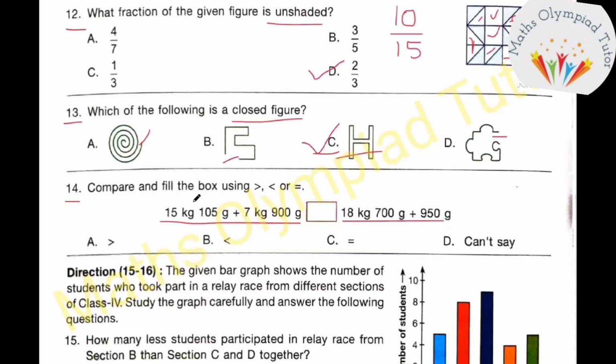The left side is 15 kg plus 7 kg. 15 plus 7 will give us 22. So this is 22 kg and something in gram also. As we are not concerned about the exact value, we are just comparing. The right side here is 18 kg plus something gram. So this is 18 kg. So 22 kg is greater. So we'll put this sign which is here in option A. So we'll select this.